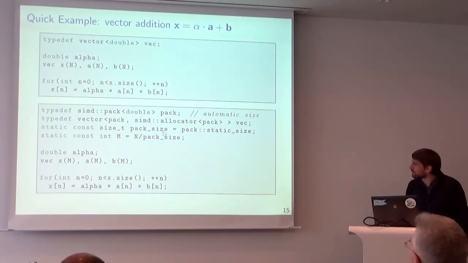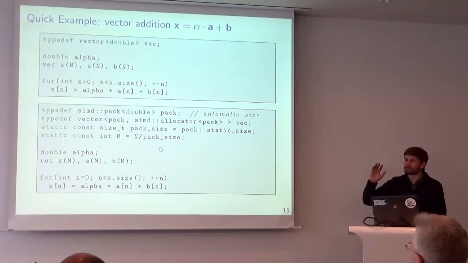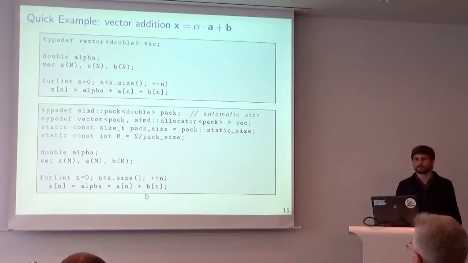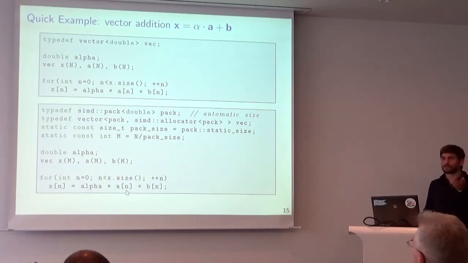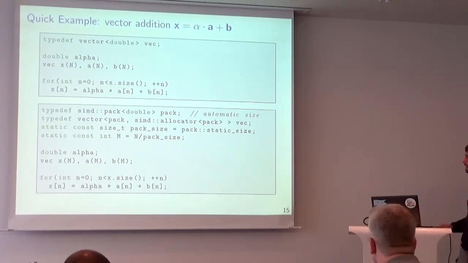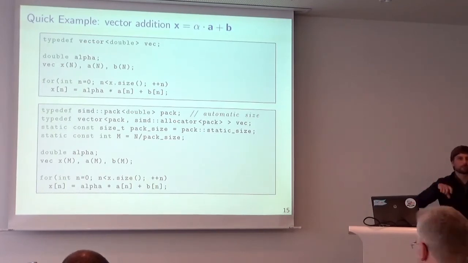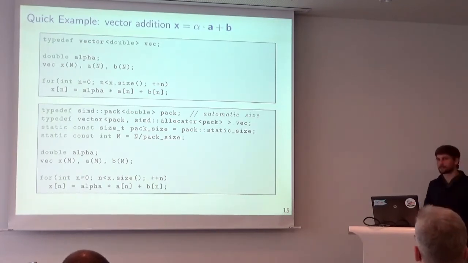Okay, so as you can see, all I have to do is change the typedef essentially, and my algorithm looks exactly the same. The for loop does exactly the same thing. And this is maybe related to your question: I don't have to look into the pack anymore. I just work on the pack as a whole thing.